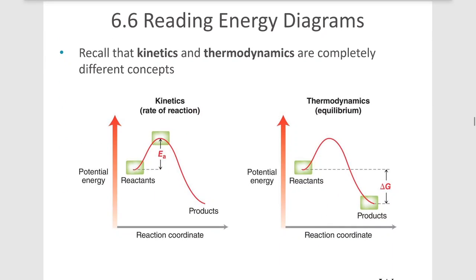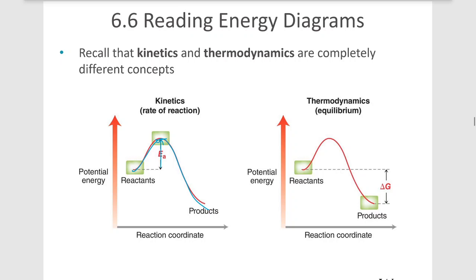Okay, so reading energy diagrams. We're going to bring all of this together in just a few minutes. We talked about energy diagrams a little bit, and remember from general chemistry that kinetics and thermodynamics are completely different concepts. Kinetics talks about how fast a reaction occurs, or the rate of the reaction. So we're really mostly talking about the activation energy here on this energy diagram. How high is that activation energy?